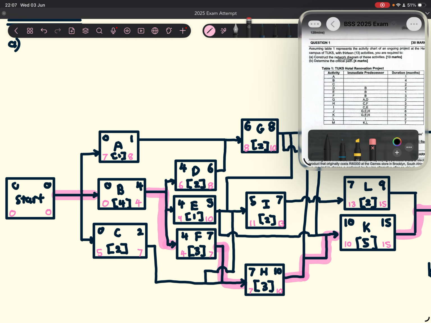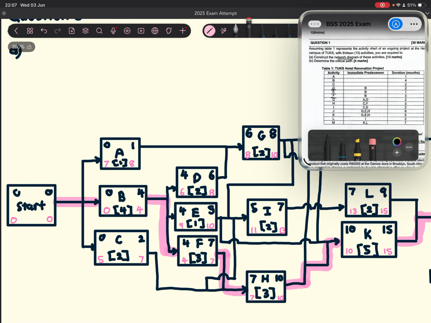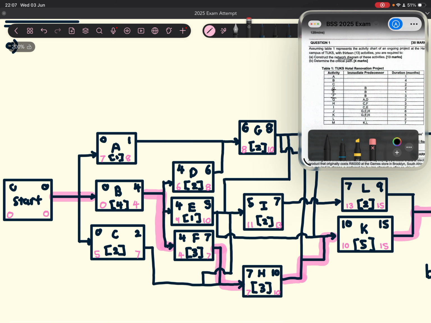Then our next activity is activity D, which depends on activity B. You can see that activity E and F also depend on activity B, so we're going to do those next. So from activity B, we're going to branch out into activity D, E, and F, and then all of these will have the same start date of 4.